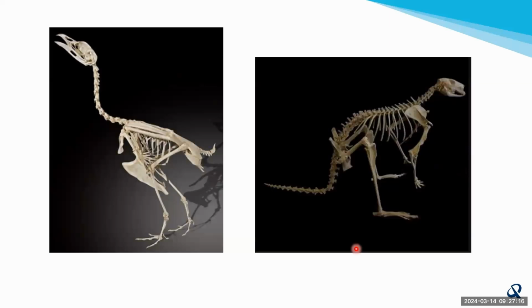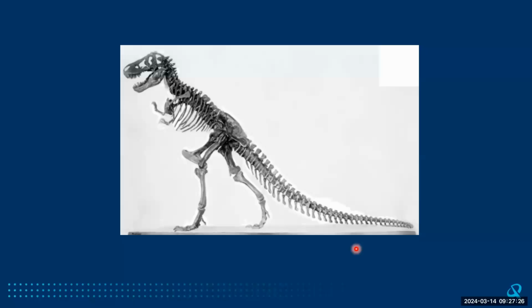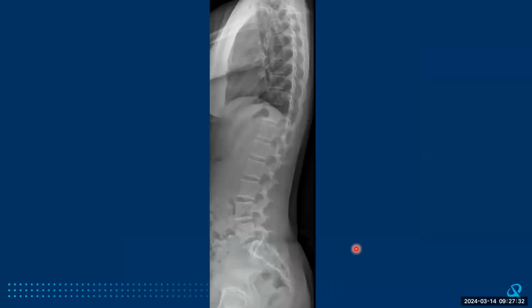No other animal has a lumbar lordosis or is significantly bipedal without tails and wings and things. Even T-Rex didn't have a lumbar lordosis, but here is ours, and it really is part of the keys of keeping us upright. And then the link, obviously, between our spine and our lower limbs is our pelvis.